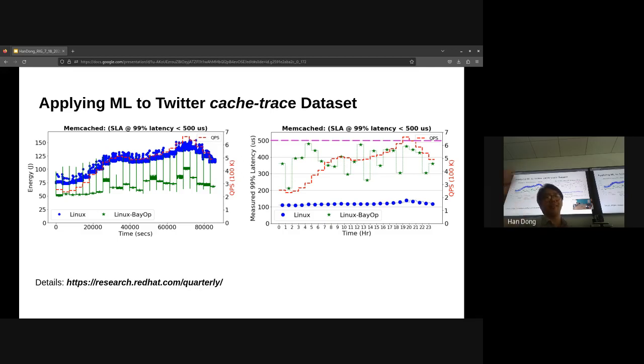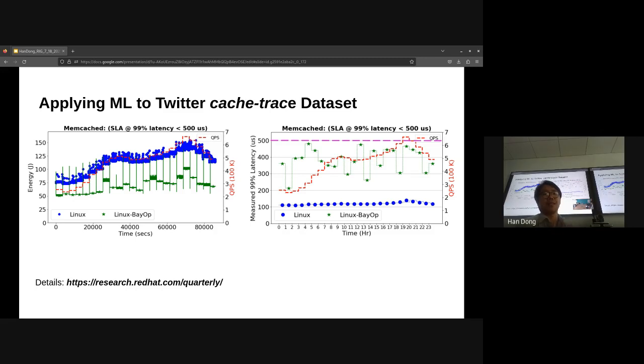And we were hitting it with a workload that Twitter released. Basically, it was an example workload of an in-memory key value store. And this workload was spun over 24 hours. So the system we built was dynamically trying to tune the server across 24 hours.